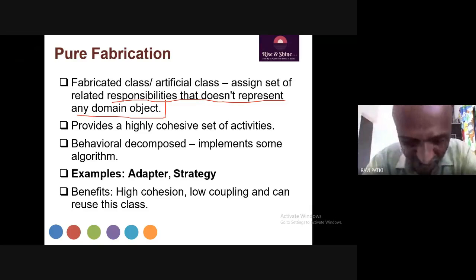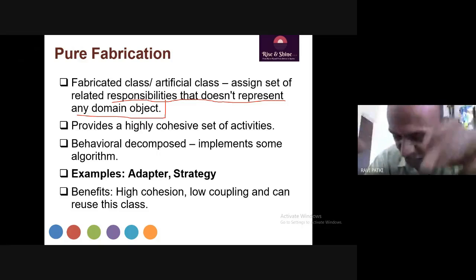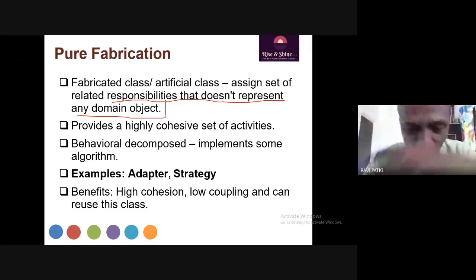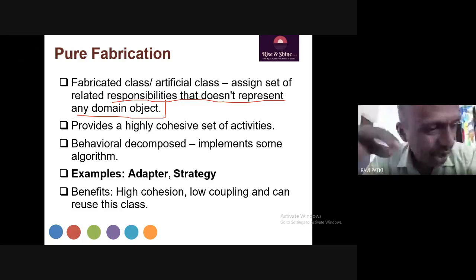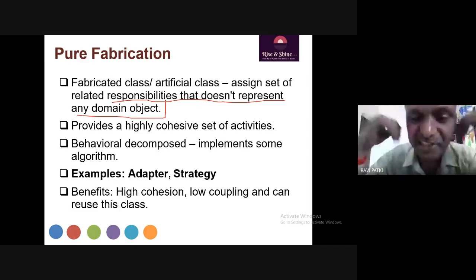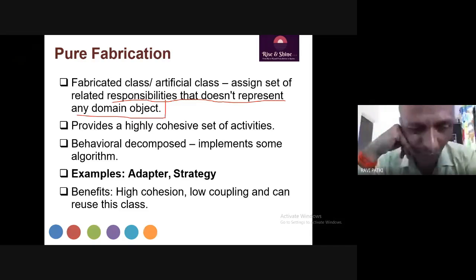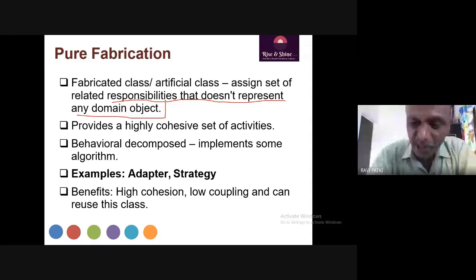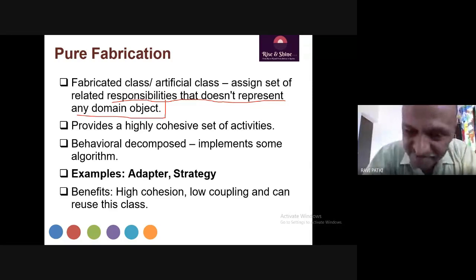Suppose you are assigning one responsibility to class 1, two responsibilities to class 2, three responsibilities to class 3, four responsibilities to class 4. You have done all that, but still some responsibilities are remaining, and no domain object is suitable to handle those responsibilities. The classes are finished, still responsibilities are remaining.